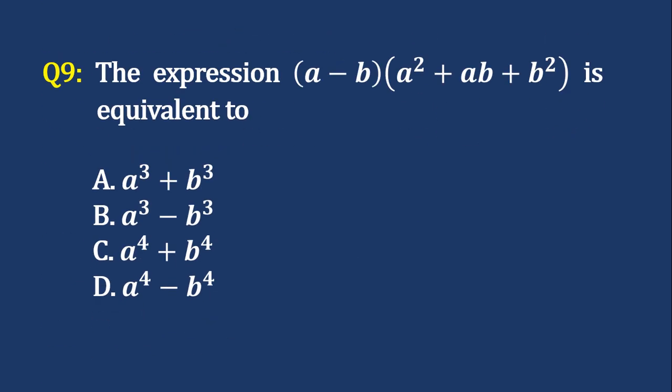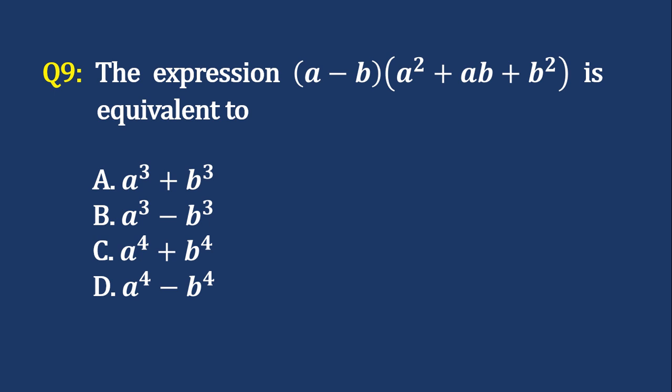Question number 9. The expression a minus b times a squared plus ab plus b squared is equivalent to which expression? If you really know the different algebraic identities, you can easily recognize that this is actually difference of cubes.